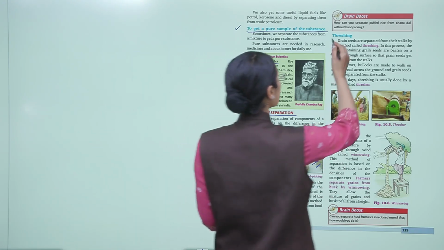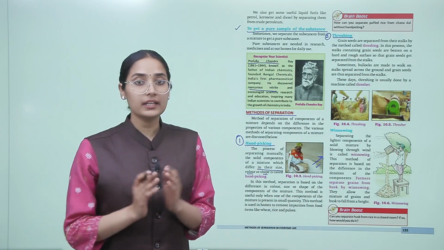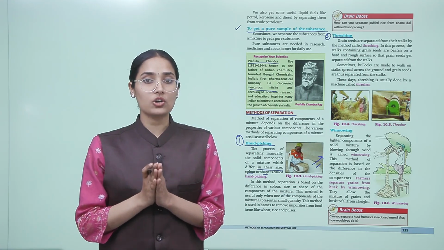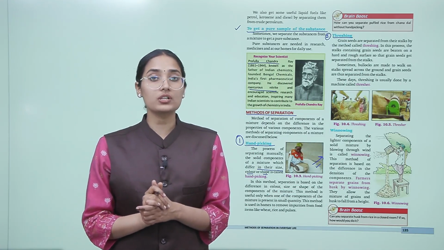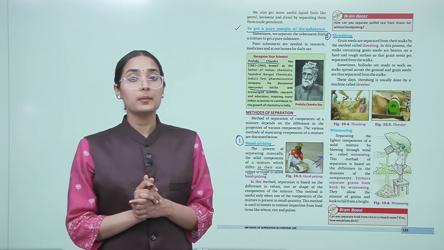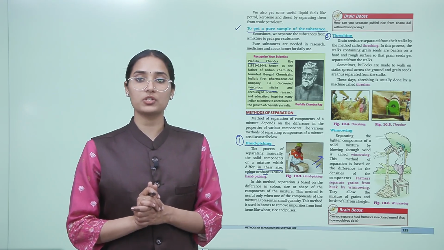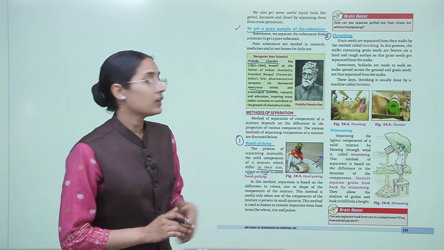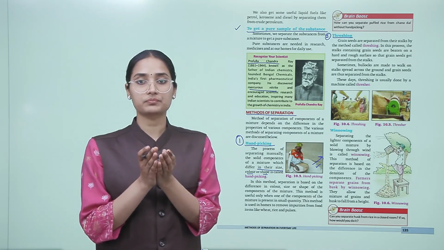Now the other method is threshing. Grain seeds are separated from their stalks by the method called threshing, and in this process the stalks containing grain seeds are beaten on a hard and rough surface so that the grain seeds get separated from the stalks. Have you ever seen a mustard stalk?